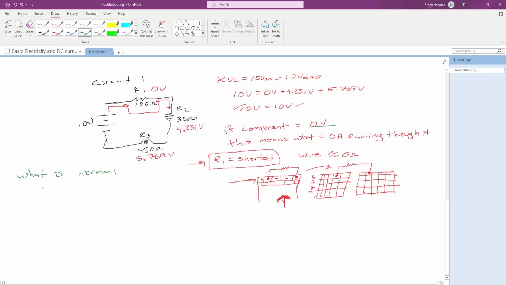So what is normal? So voltage of R1, we can just pick a value. We need to solve what would be the normal voltage across R1. The easiest way to do that is just use voltage divider because it is a series circuit and we're looking for the voltage. So the voltage of R1 is going to be R1's value over my R total in series times the voltage applied.